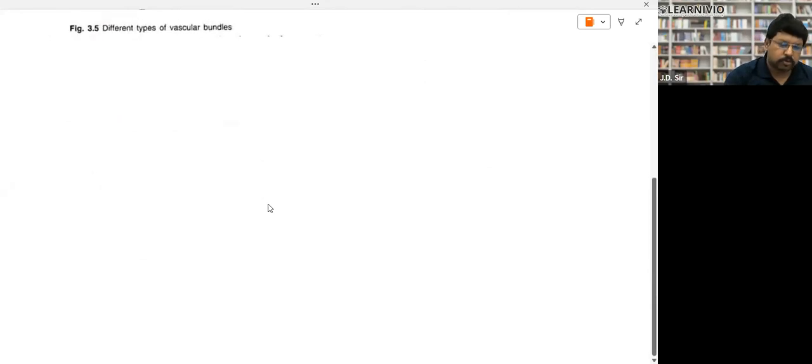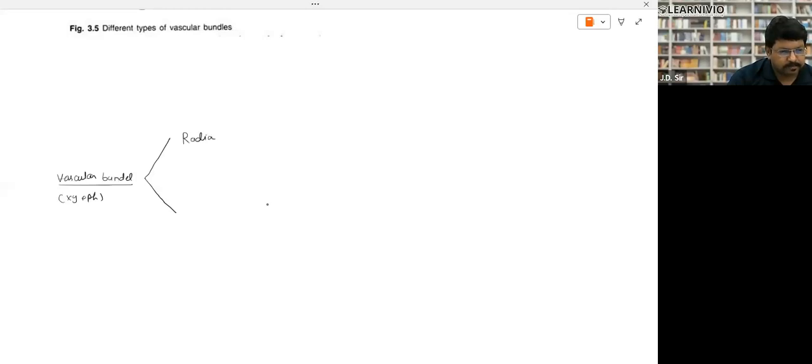Okay. So look. Vascular bundle, that is conducting tissue, meaning xylem plus phloem. They are of two types. First, radial, and second, conjoint.